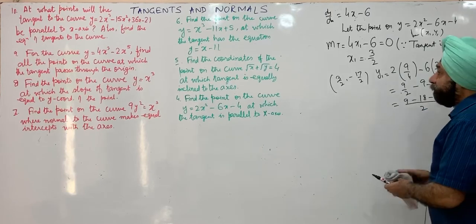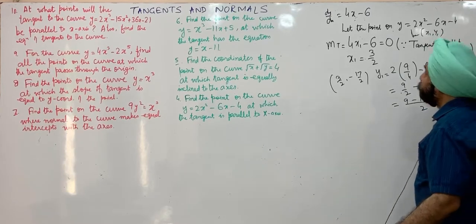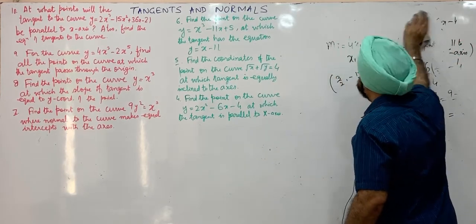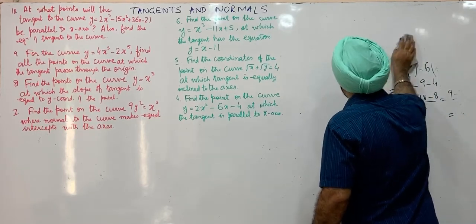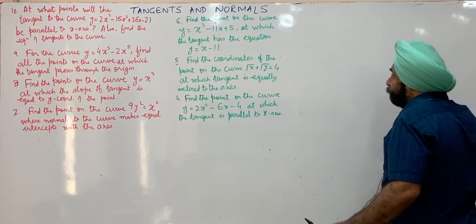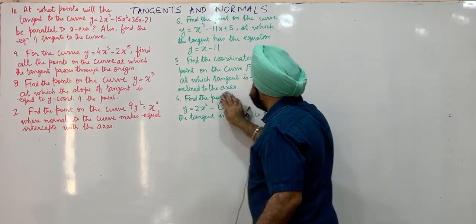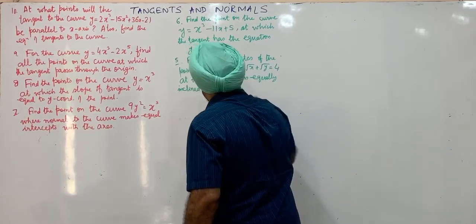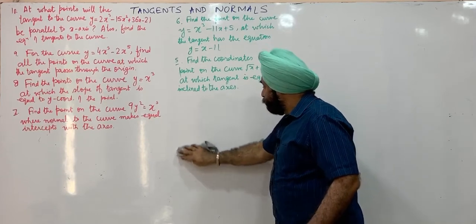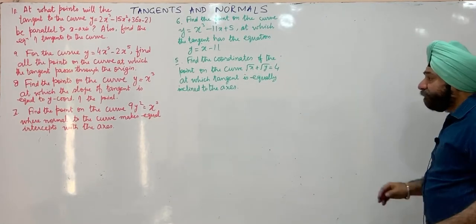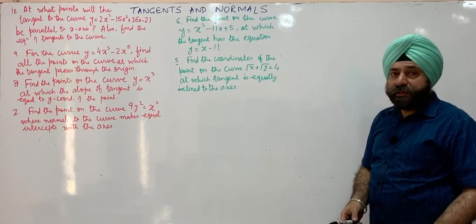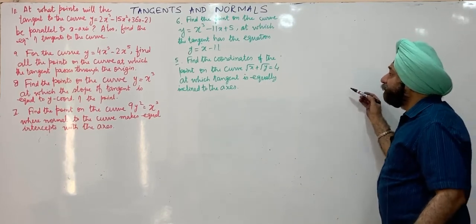The next one, we have to find the coordinates of the point on the curve. The equation of the curve is given, root x plus root y is equal to 4, at which the tangent is equally inclined to the axis. So we just discussed that if the tangent is equally inclined to the axis, this means the slope of the tangent is plus 1 or minus 1.